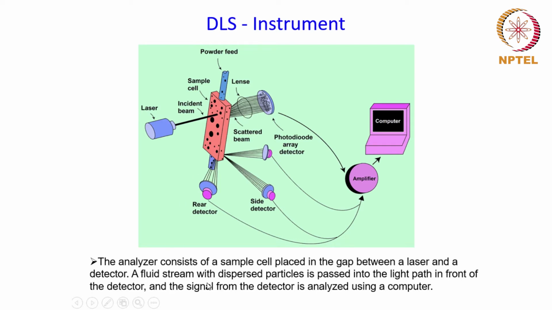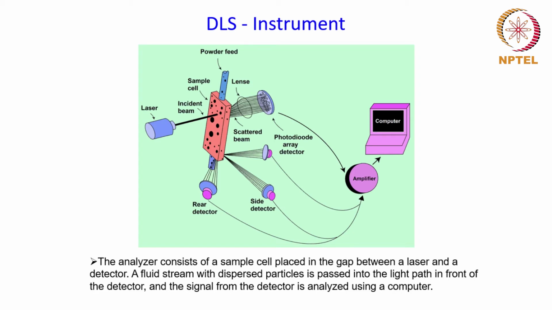So a fluid stream with dispersed particles is passed through this sample cell, and as the particles come in front of the light beam, it gets scattered and the scattered intensity is captured by this detector. Okay.